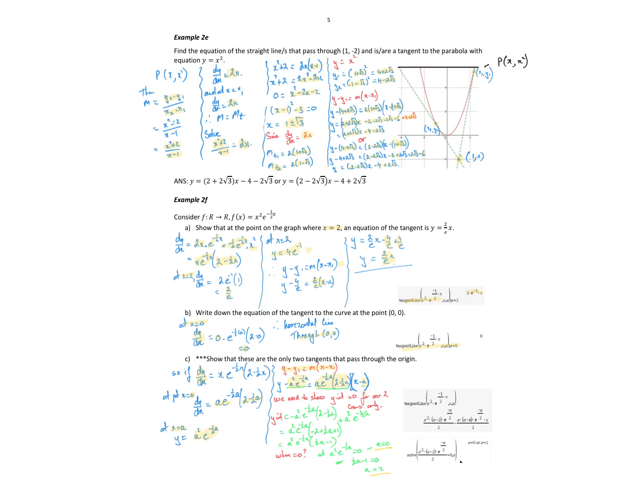Now we need to show that the y-intercept is equal to 0 for the two cases we've been given. So what's our y-intercept in this case? Well, there's the m value there.